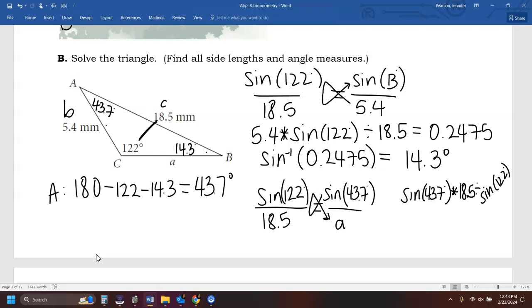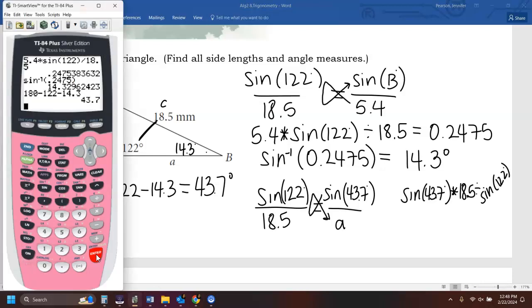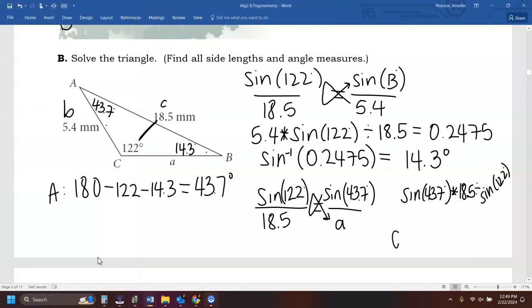Okay? Sine 43.7 times 18.5 divided by the sine of 122. Make sure we're working our parentheses appropriately, and we end up with a 15. Let's go 15.1.